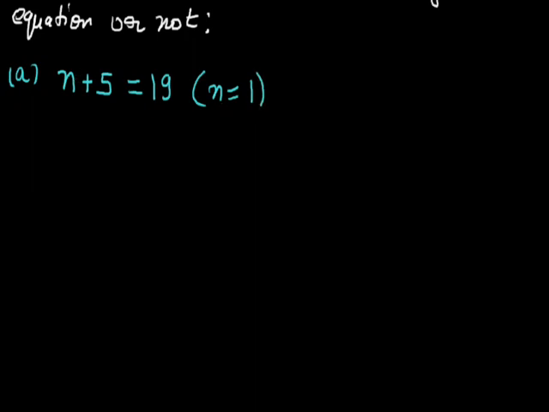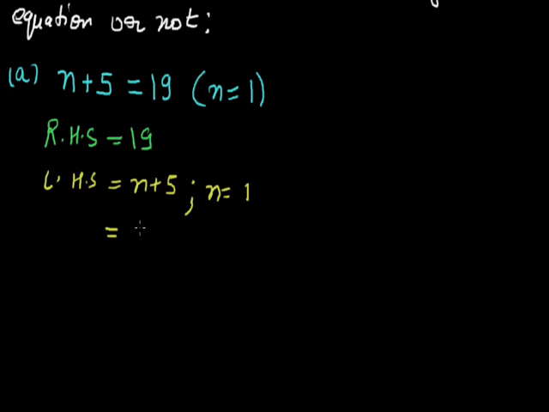Now you can see that the right hand side of the equation is equal to 19 and in the left hand side of the equation we have n plus 5. Now here we are given that n is equal to 1. Now let us put the value of n. 1 plus 5 will give you 6.